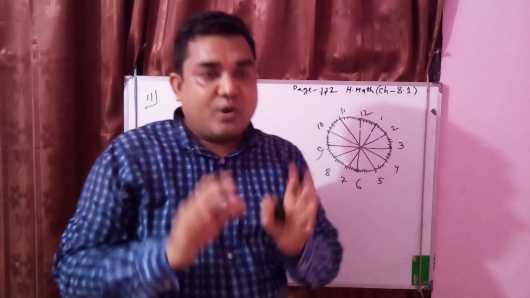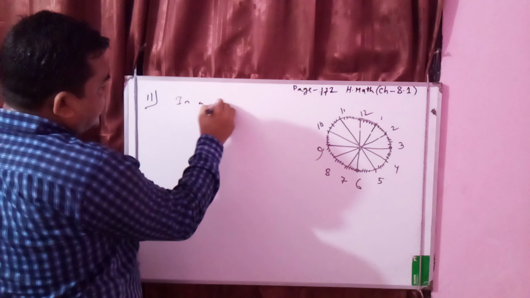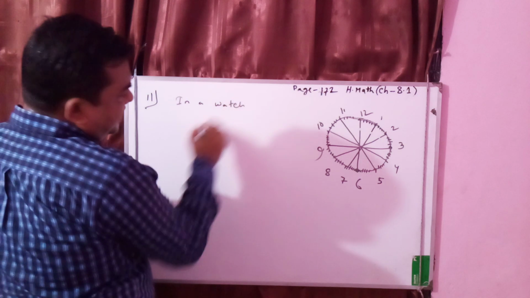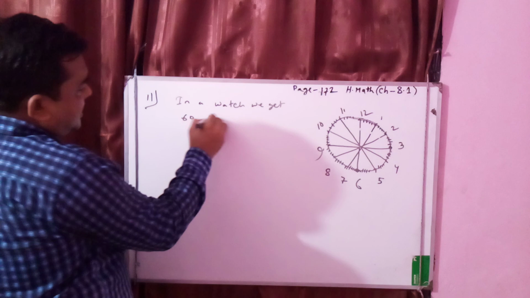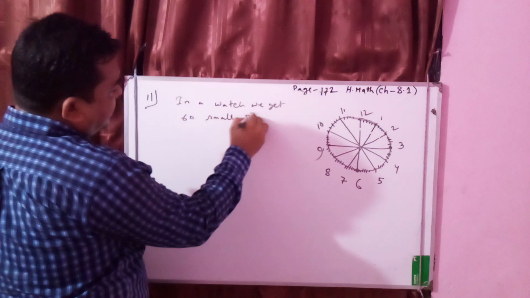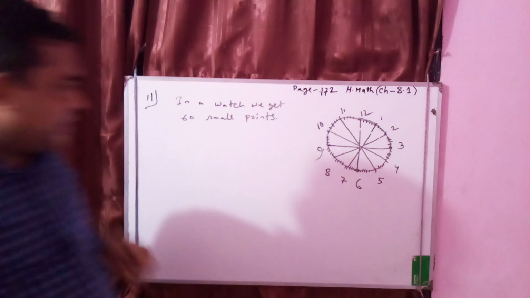Here we see that there are 60 small points in a watch.